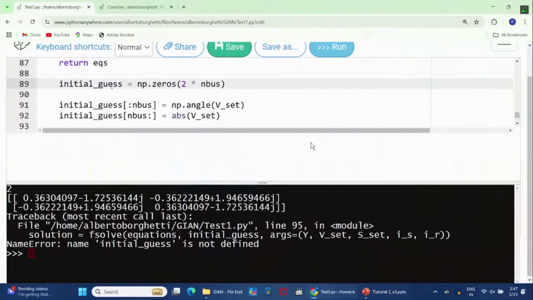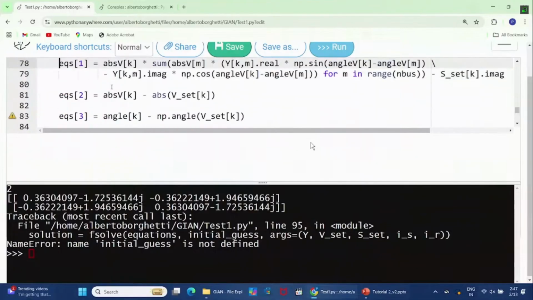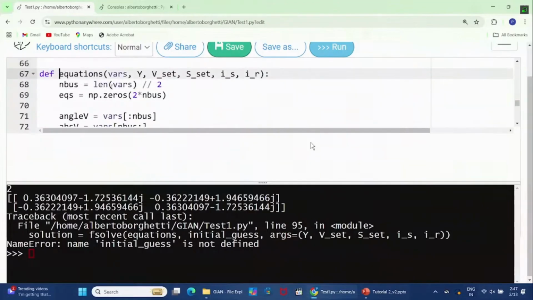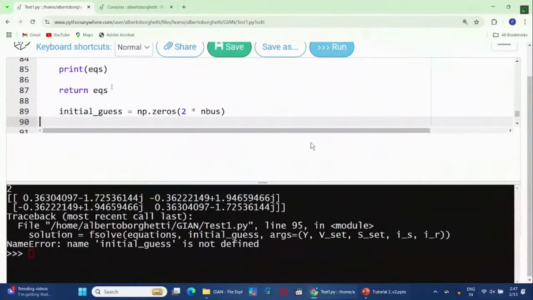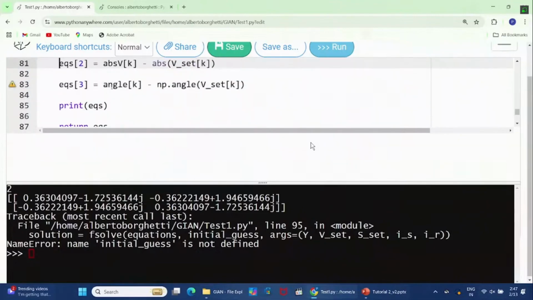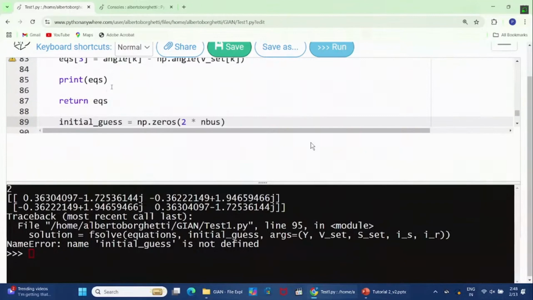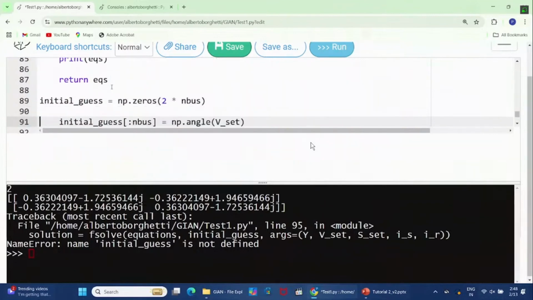Ah, yes, big error. It is the indentation. So it thought that we were always writing inside this function. We are still inside the function. The return does not close the function. The function is closed when we go back to the first column.